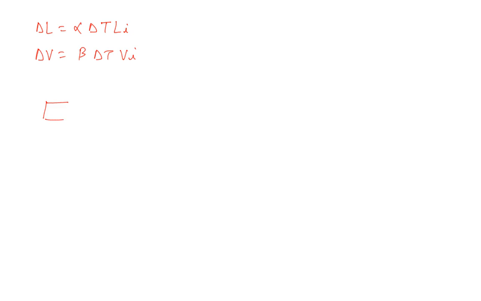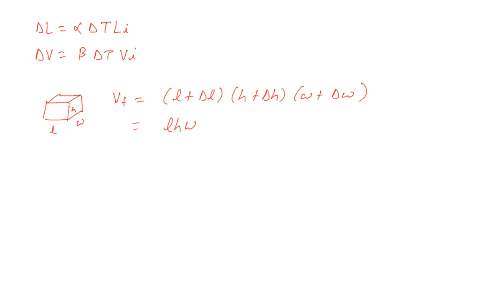Let's assume we have a cuboid, and let's say the length is L, the width is W, the height is H. So we can write the final V, let's say Vf, after temperature has been increased, as L plus delta L, H plus delta H, and W plus delta W, which gives us L H W, plus, actually what we get is 3 alpha delta T plus 3 alpha delta T square plus alpha delta T cube.